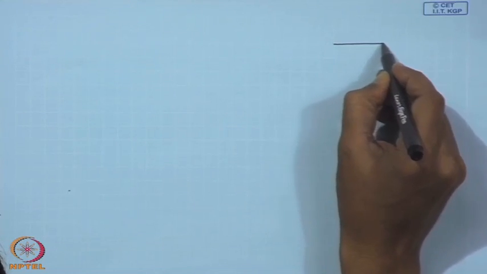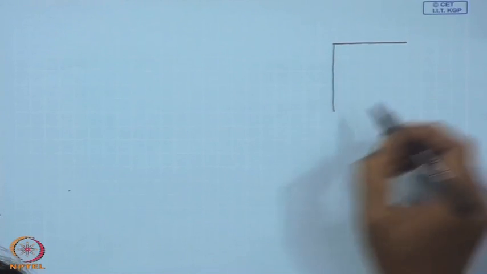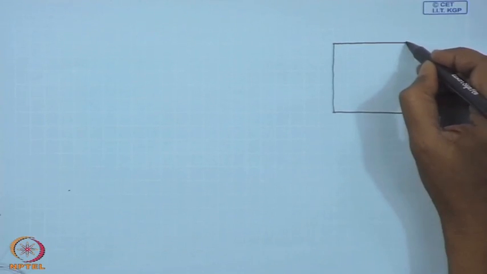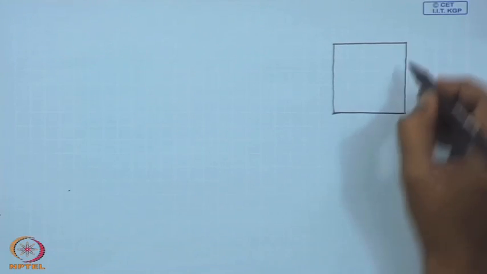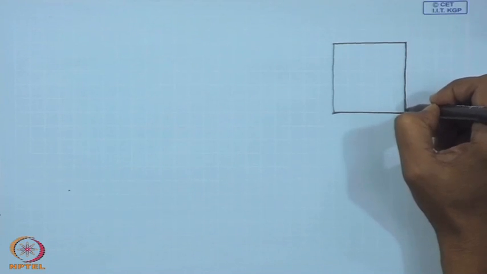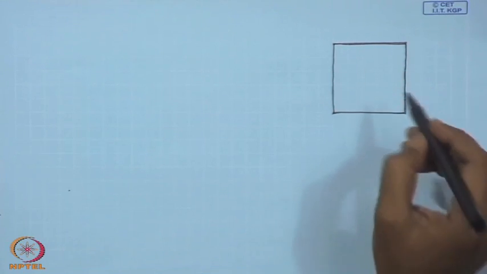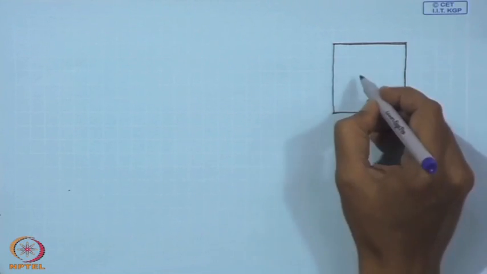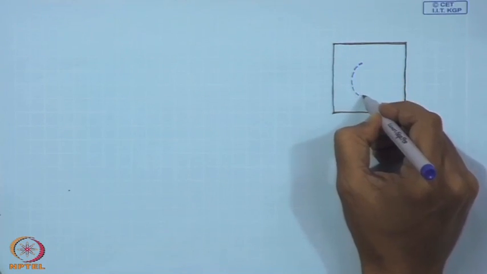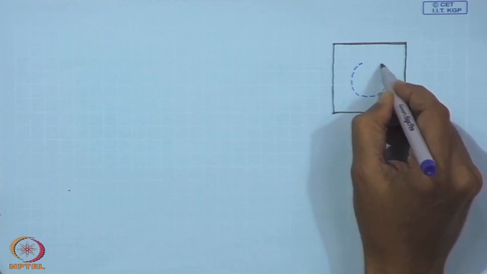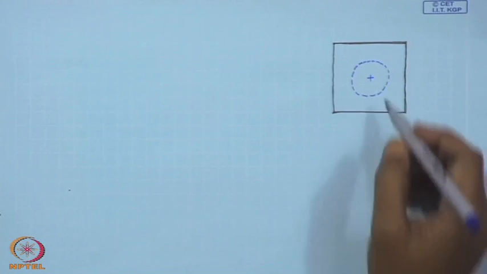Suppose this is a square plate of uniform thickness, which is supported on a circular support. It is simply supported.